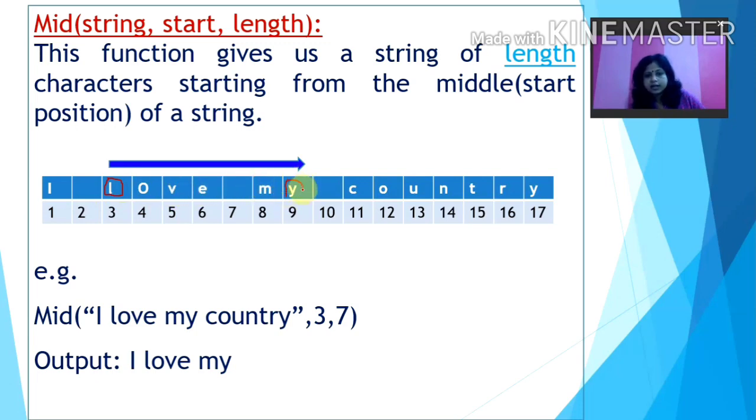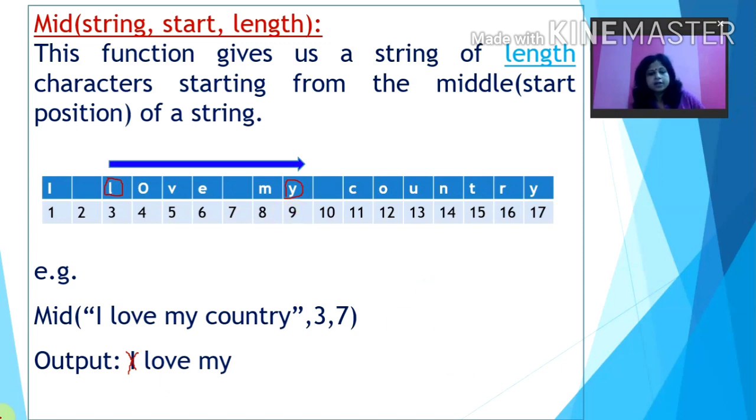So these characters it will show you as the output. So what will it show? "I love mine." Okay, no, it will be only "love my". It is not "love mine". So 1, 2, 3, 4, 5, 6, 7. So the output will be "love my".